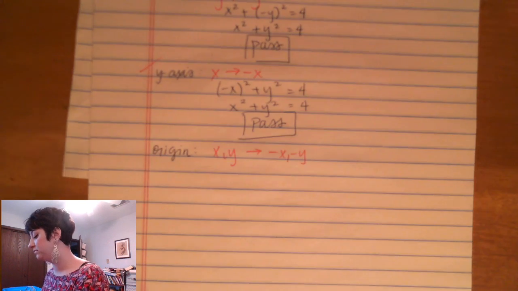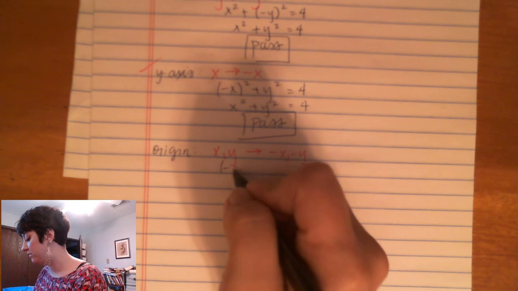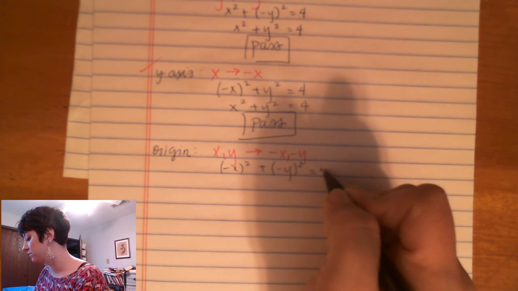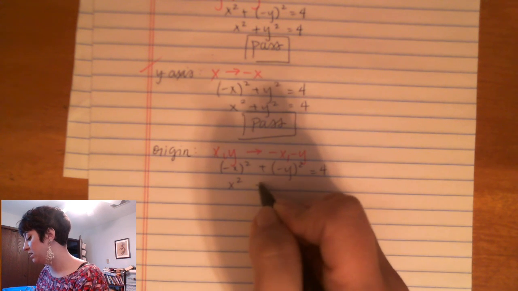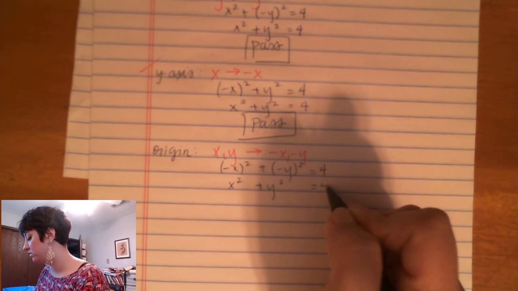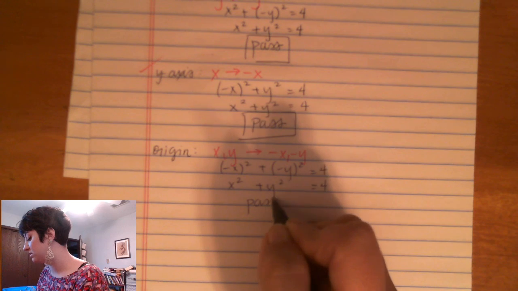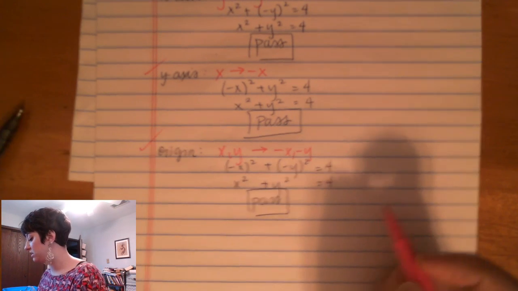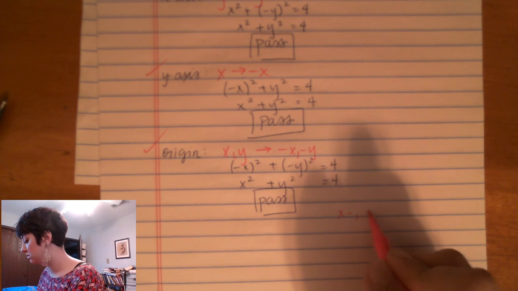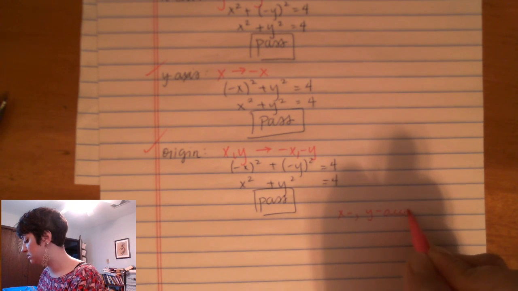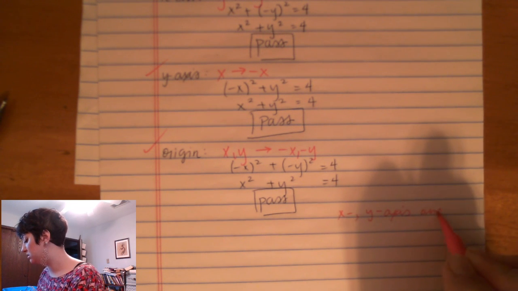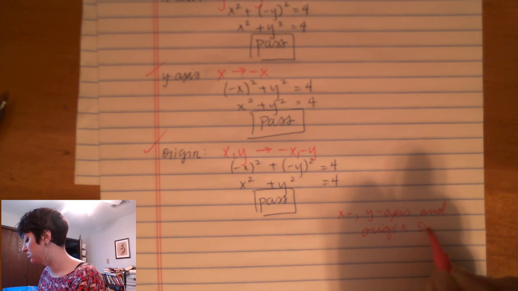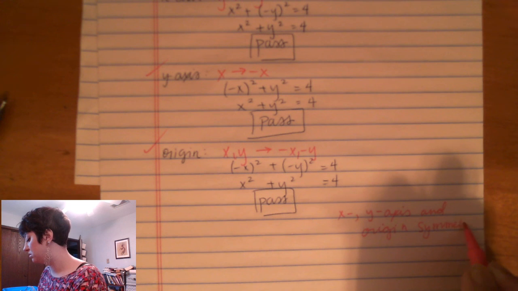All right, so negative x squared plus negative y squared equals 4, which means x squared plus y squared equals 4, which is a pass. So this has x, y-axis, and origin symmetry.